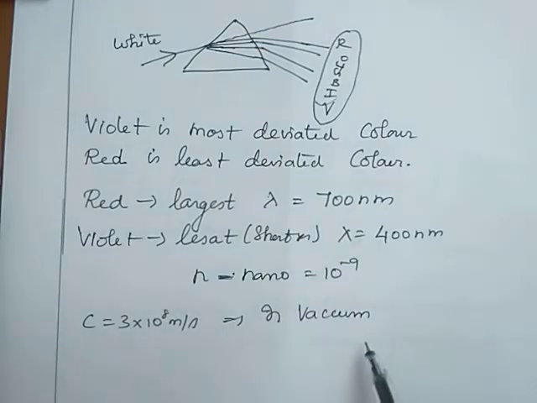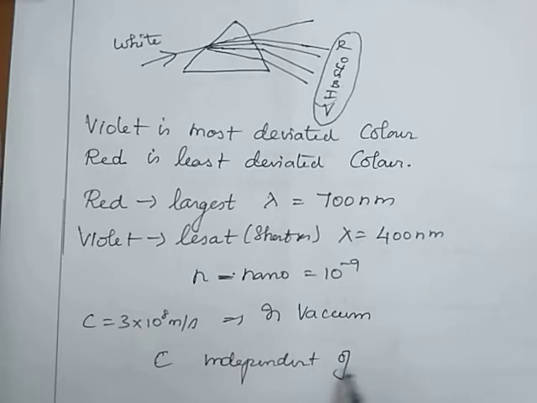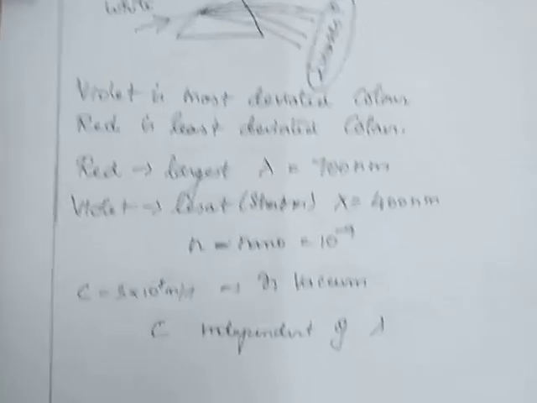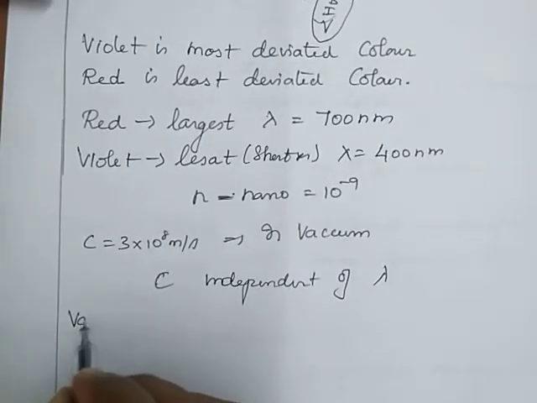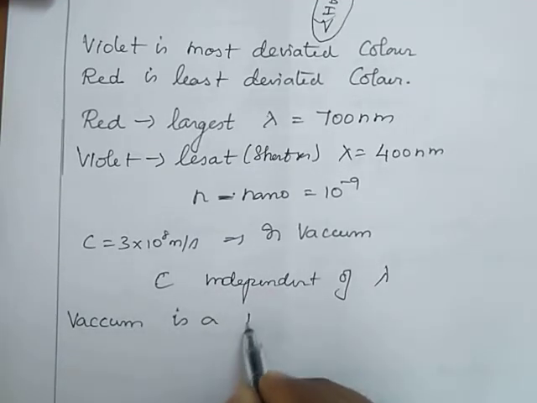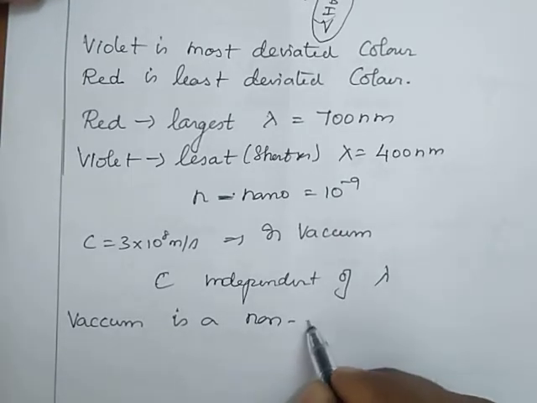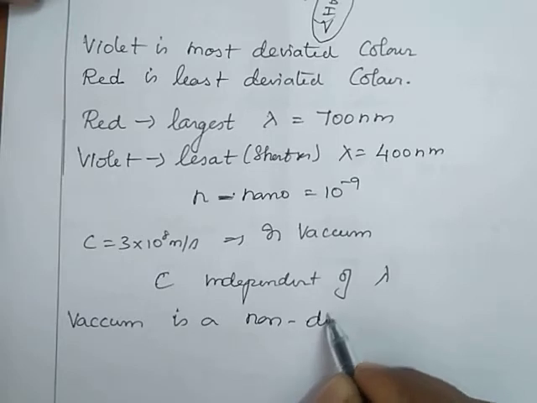From that we found that the velocity of light in vacuum is independent of wavelength lambda. So we can say vacuum is a non-dispersive medium. That means it can't disperse the light. There is no dispersion in vacuum.